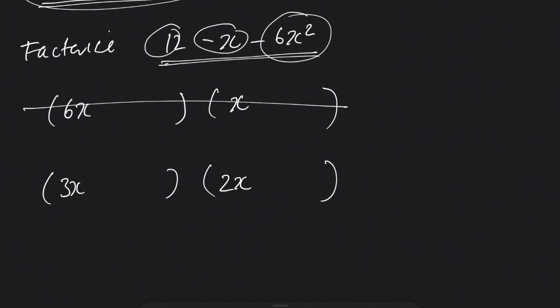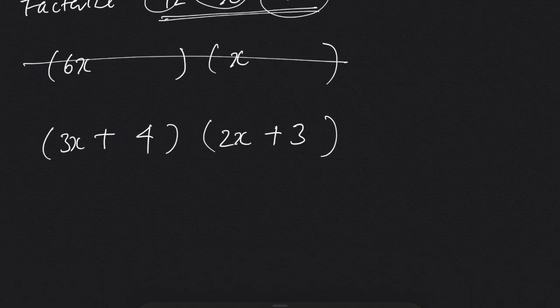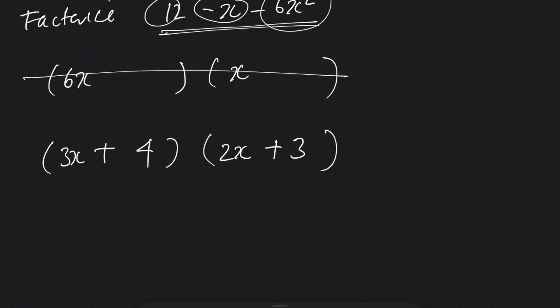So we would have, it would be a 2x would go, 2x would have to go with the 3, plus 3, and we'd have to have a 4 in here as well. So we have a 4 because it's 4 times 3. So now we need to get the signs right to be able to get to negative 6.